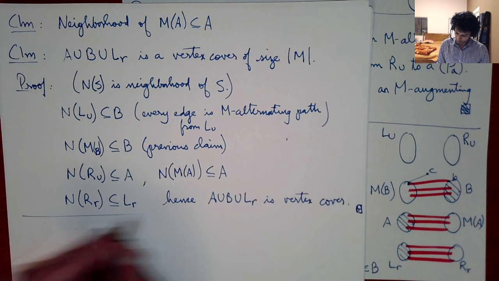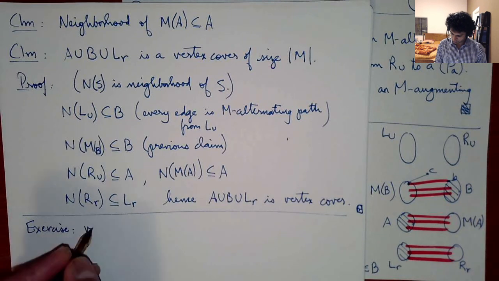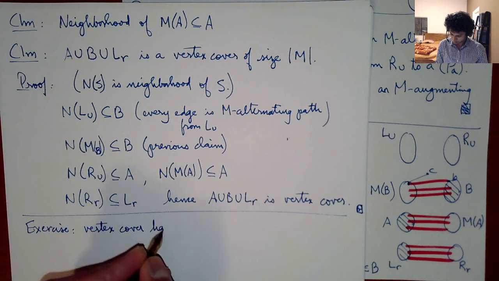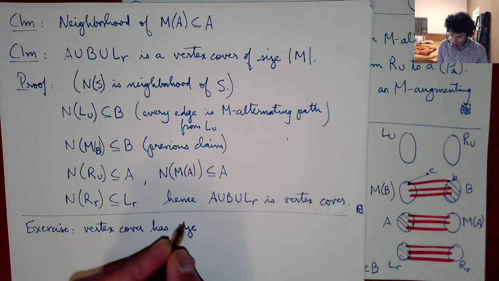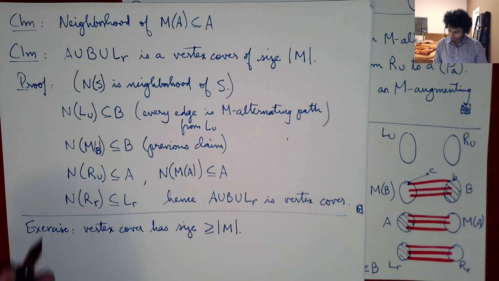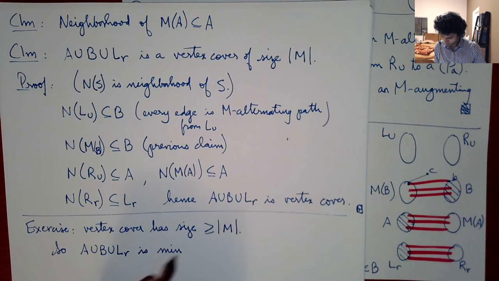Now a simple exercise: the vertex cover has size at least n. And so A union B union LR is a minimum vertex cover.